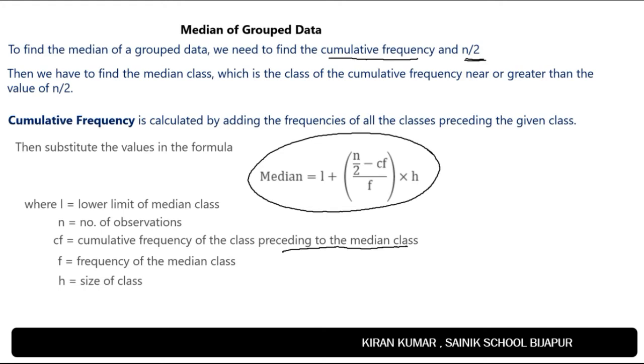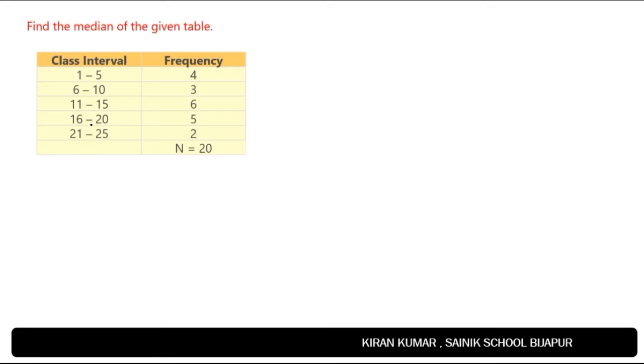Let's try with a question and understand how to find the median of the given data. Here, observe the table: 1 to 5, 6 to 10, 11 to 15, 16 to 20, 21 to 25. The frequencies are given.